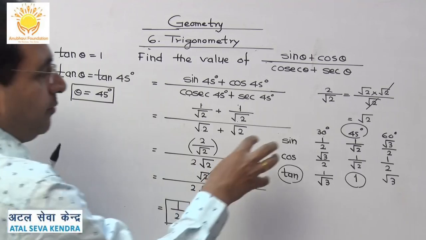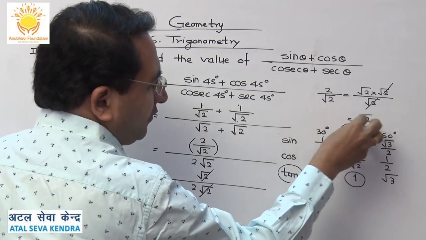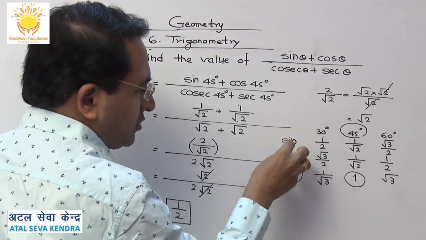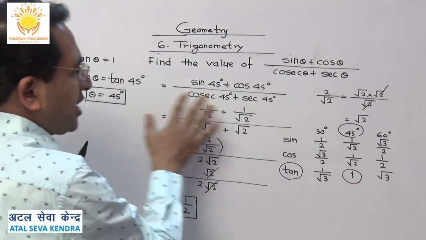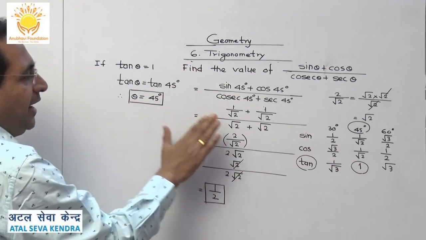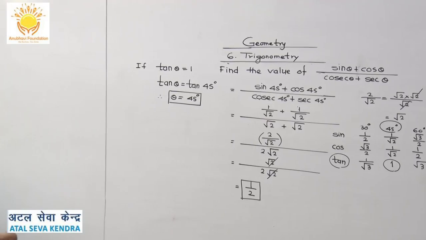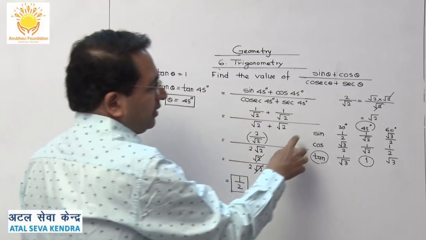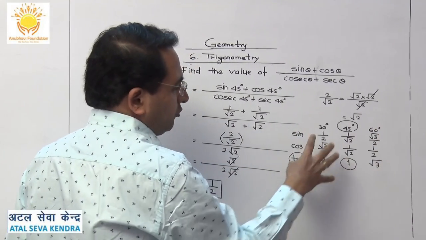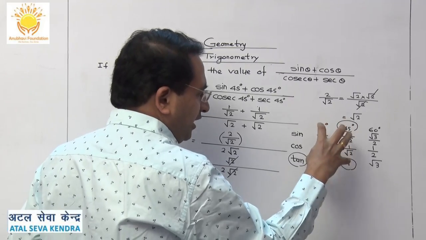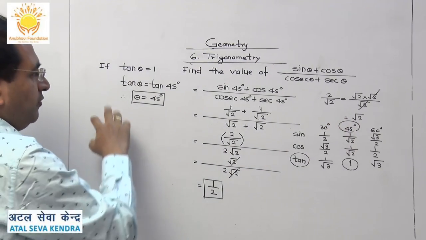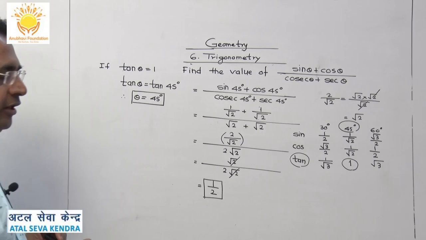So if you know the basic 30, 45, 60 degrees sine, cos, tan, then these kinds of sums you can easily manage. You had this part last year, but this content is definitely required for solving such sums on trigonometry.